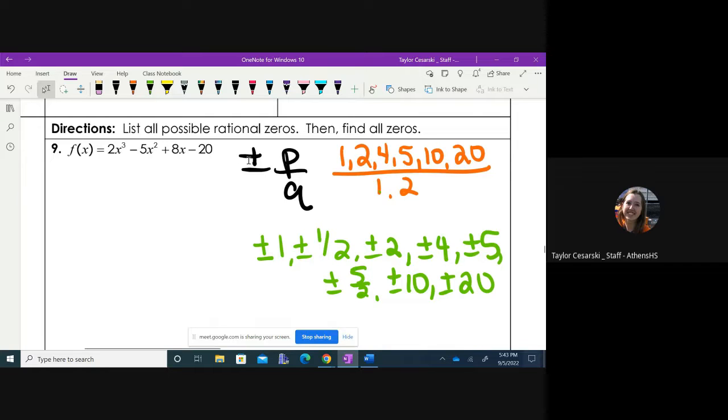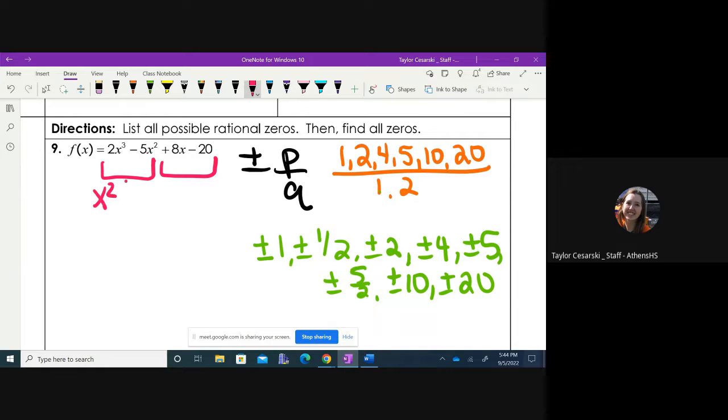All right, so then I'm going to look at what I have. I'm going to first try and factor it. If it factors, that's going to be your friend because that's going to make your life a lot easier. If it doesn't factor, then you're going to have to try some of these possible rational zeros to see if you can get it down to a quadratic that you can factor or use the quadratic formula on. All right, so I'm going to try grouping here because remember that's my first go-to when I have a cubic with 4 terms.